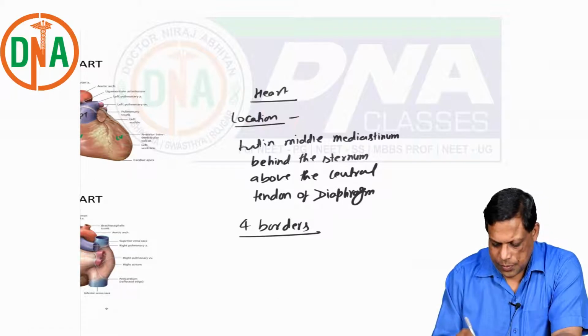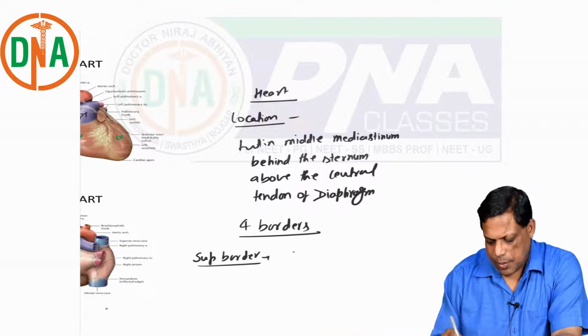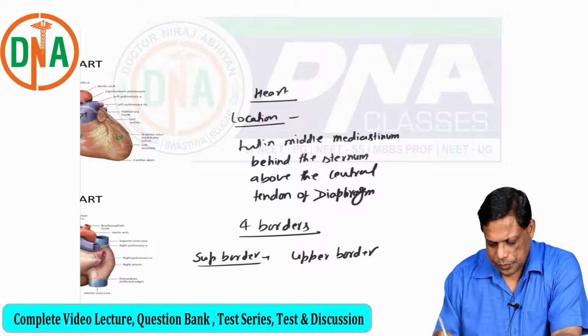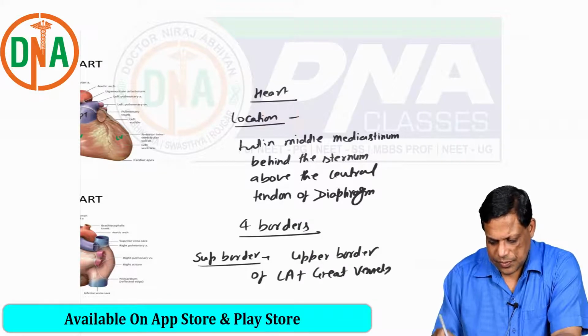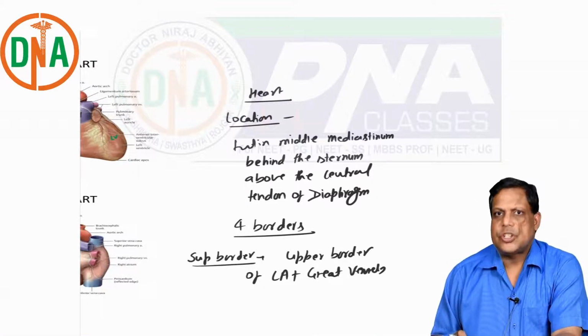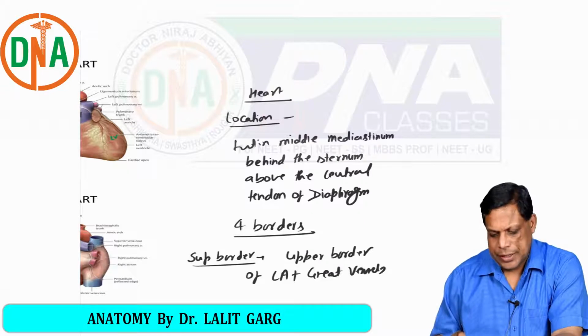So see, the superior border of the heart is formed by the upper border of the left atrium plus great vessels. What are great vessels? Great vessels are those vessels which are directly connected to the heart, either receiving the blood or draining the blood.